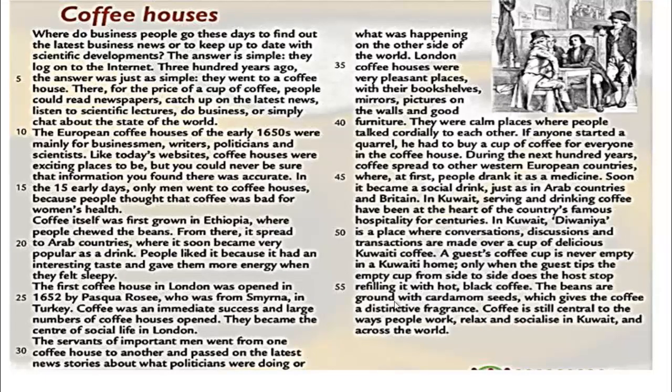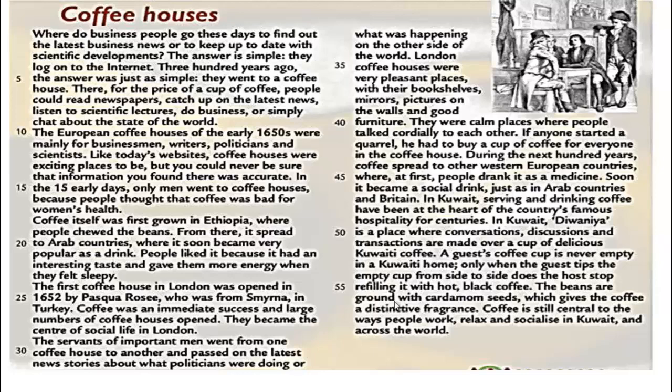Where do business people go these days to find out the latest business news or to keep up to date with scientific developments? The answer is simply they log on to the internet. 300 years ago, the answer was just as simple. They went to a coffee house.